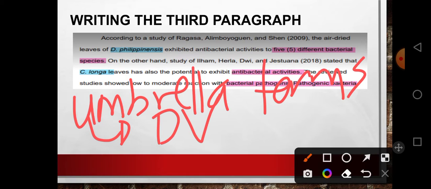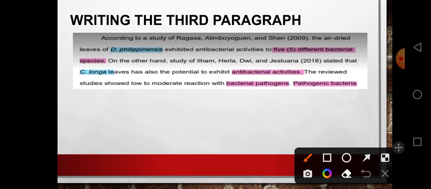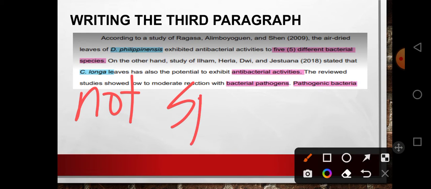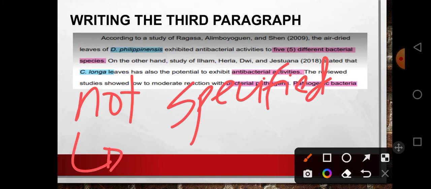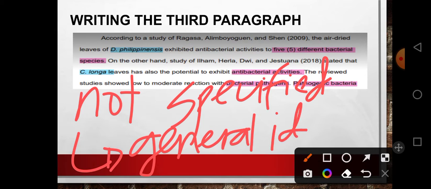When we say umbrella term, these are terms that are not specified, and when terms are not specified, they pertain to a general idea. So the terms highlighted in pink in the first part of the third paragraph present the general idea that pertains to our dependent variable.